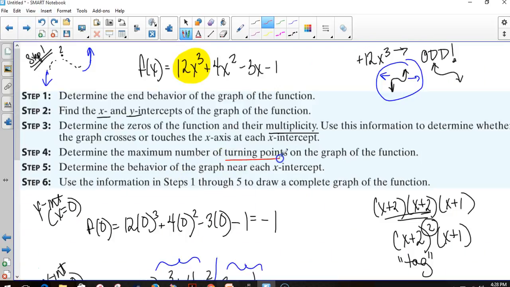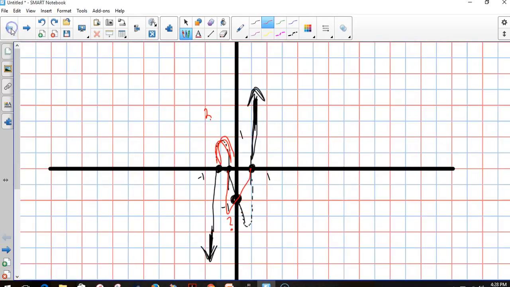I have a maximum number of turning points. We know that since I have 3 unique intercepts that I'll have 2 turning points. And behavior near the x-intercept has to do with your multiplicities and where it's going through. And so I kind of have a sketch right now of what's going on. We would need calculus to find out where these turning points happen.